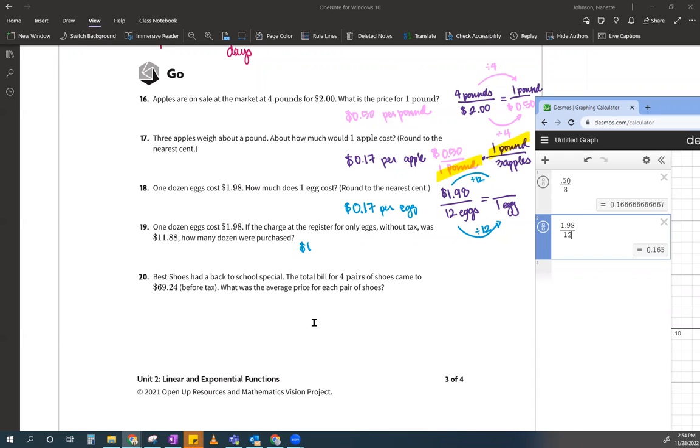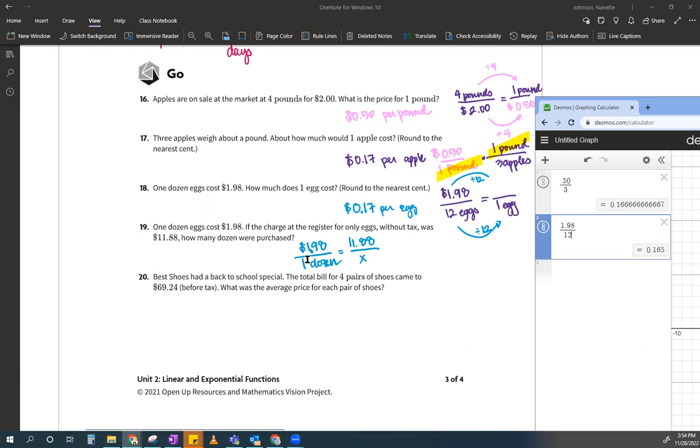How many dozens did you get for $11.88? If you want to think about it as a proportion, you can do that. Let's pretend that this is X. There's a bunch of different ways that you can solve this. One of them is by finding a common denominator. Another one is figuring out how to get from here to here because these are equivalent.